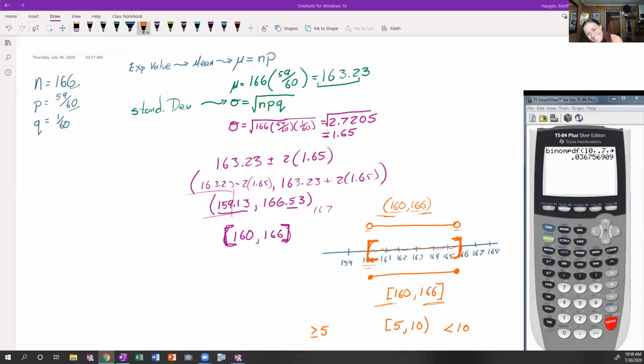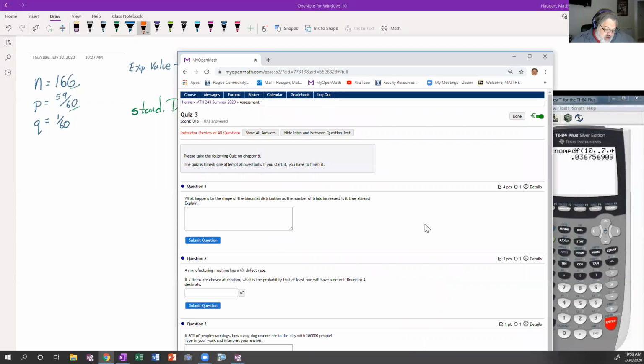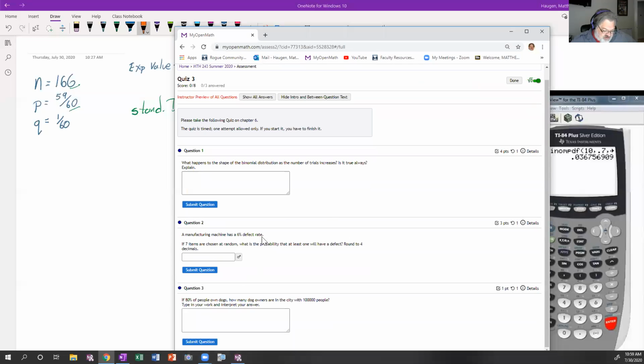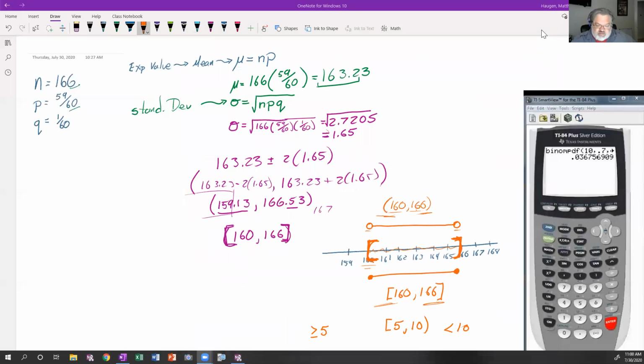I don't know what's on the quiz. What happens to the shape of a binomial distribution when the number of trials increases? Okay, that's mostly read your section. Manufacturing 6% defective, we did a bunch of those yesterday, so we'd have that idea. 80% of people own dogs, how many dog owners? That's an expected value question. So yes, we've done all that.